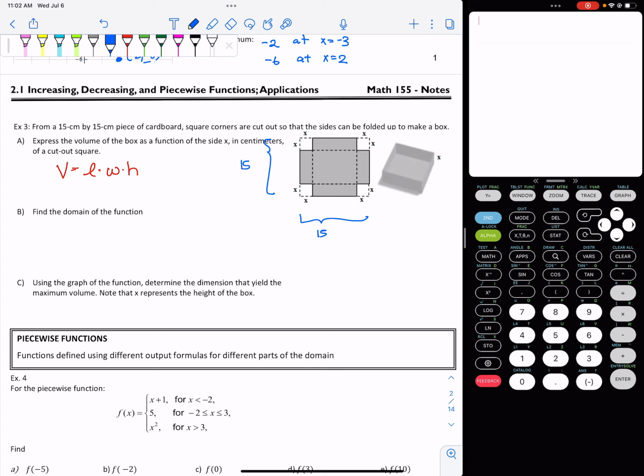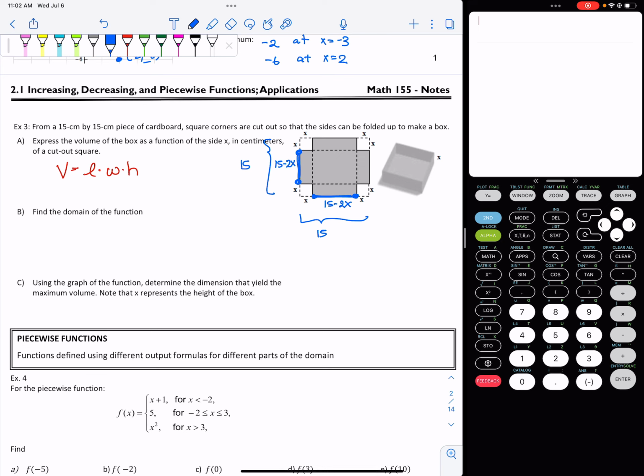Because we're cutting off the corners of length x, this side right here, x is cut out twice, so the distance from here to here is going to be 15 minus 2x. Similarly, for this piece, the length is also 15 minus 2x.